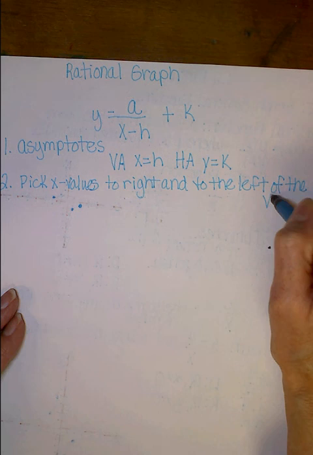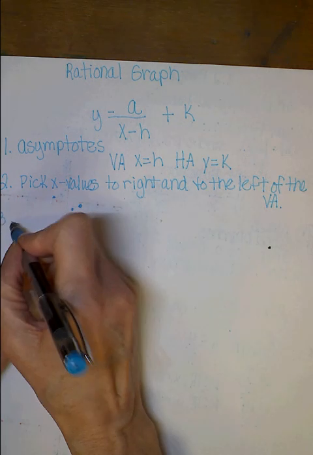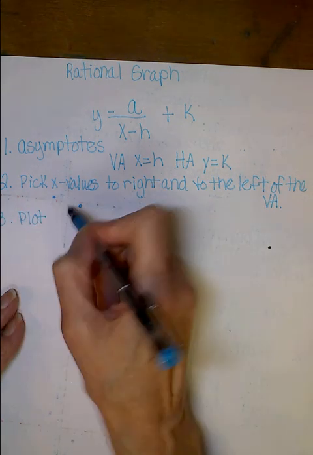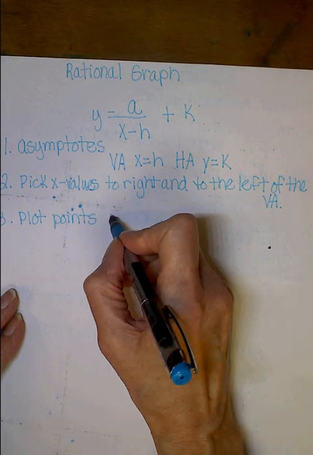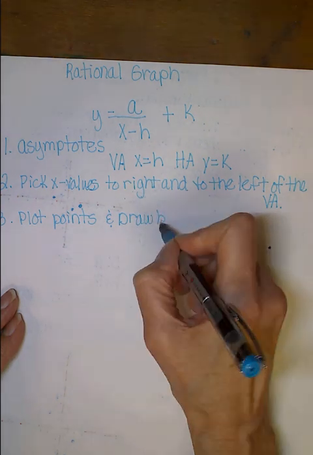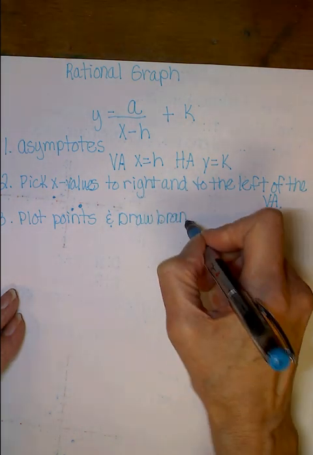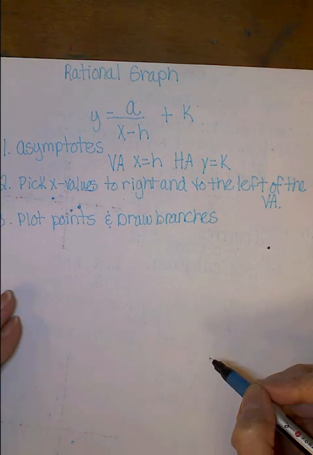It's kind of your dividing line, okay? And so then you're going to plot those points and draw your branches. And you'll still need to state the domain and range.